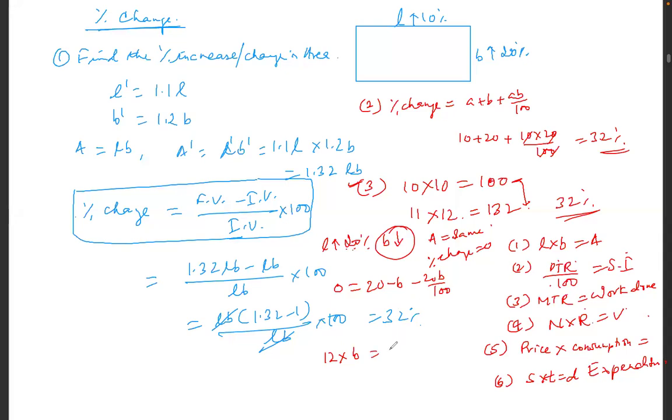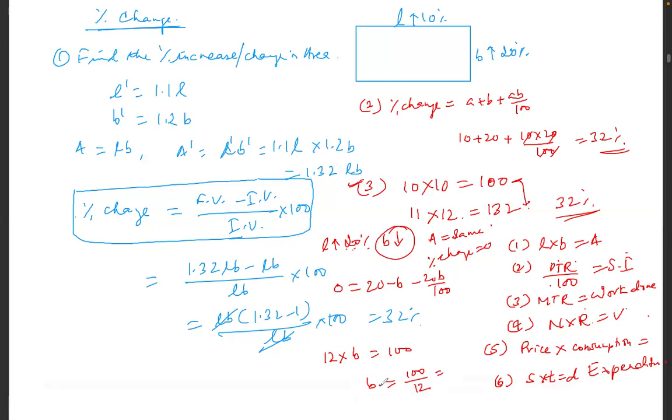Remains the same, 100. So B is equal to 100 by 12. Now, if you know the fraction 1 by 12, 1 by 12 is how much? 8.33%. So you get the answer: 8.33 is the value of B.